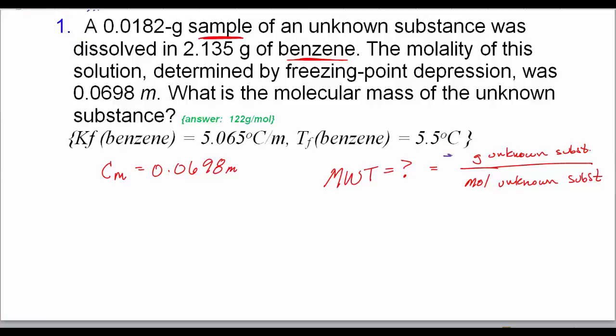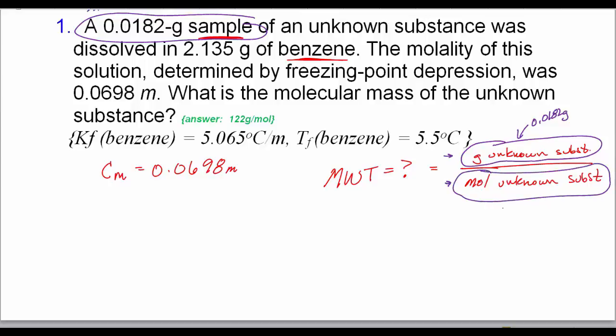Which one do we know? A 0.0182 gram sample of the unknown. Man, we're halfway done. It looked ugly, this question did, but it's really not that bad. 0.0182 grams. We're halfway there. All we need is moles. This is what we need to find. And then we'll be done.